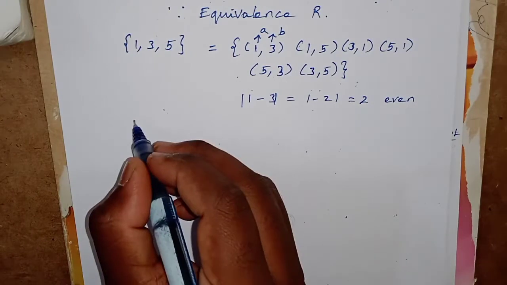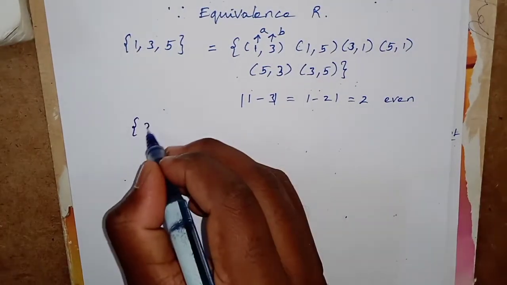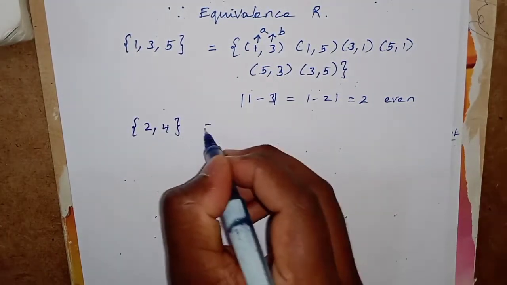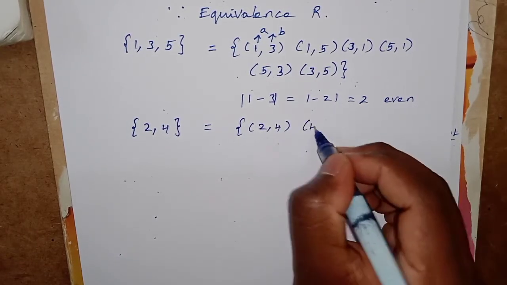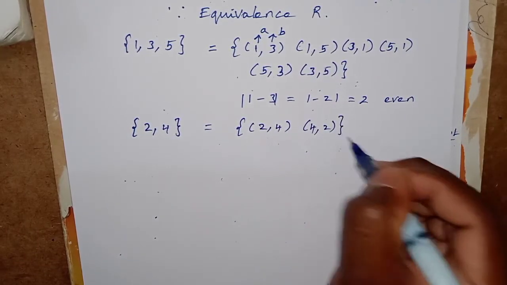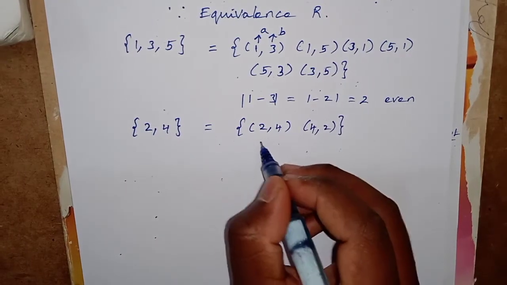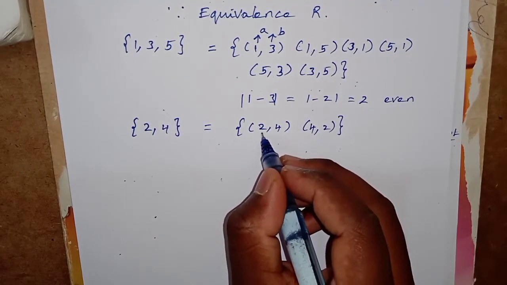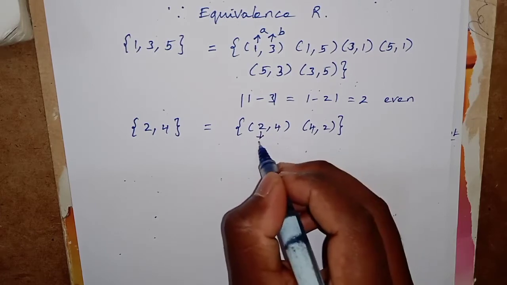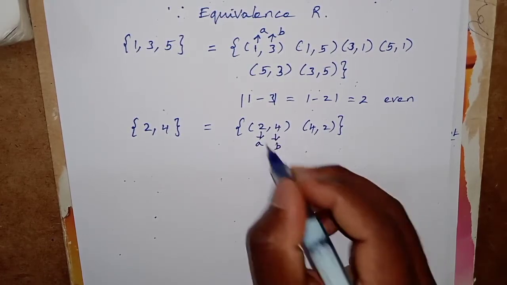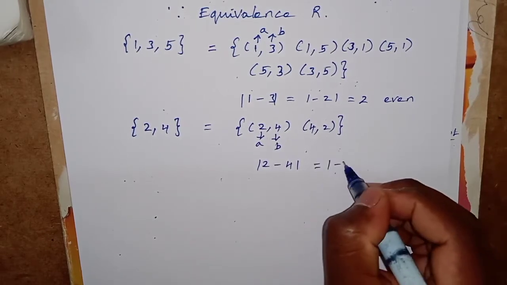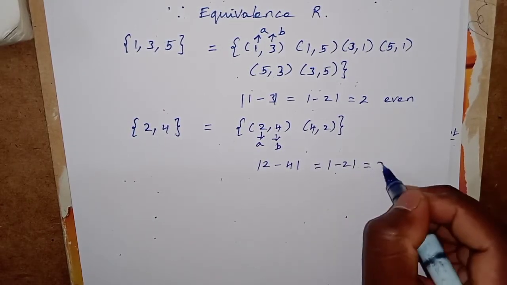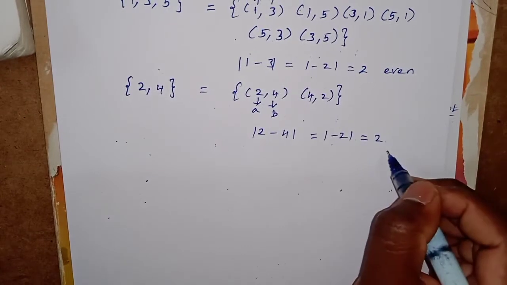Next, for {2, 4} the ordered pairs: first (2, 4), next (4, 2). Therefore here it is satisfying the condition. Here A minus B, subtracting, it will become minus 2. Minus 2 taking modulus equal to plus 2. Plus 2 again is an even number.